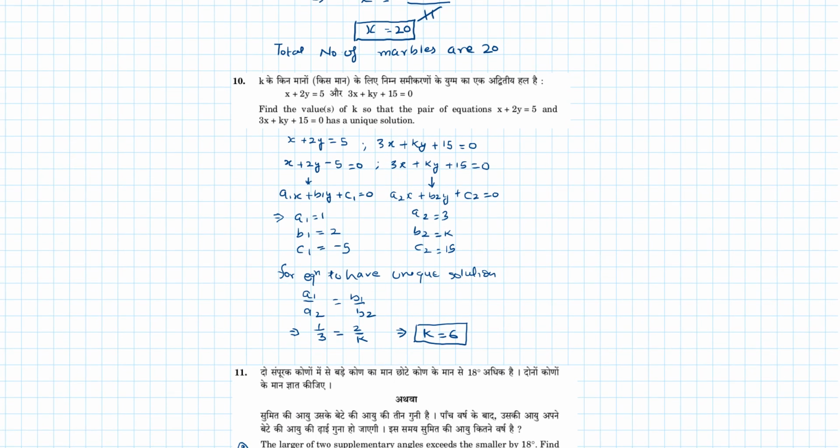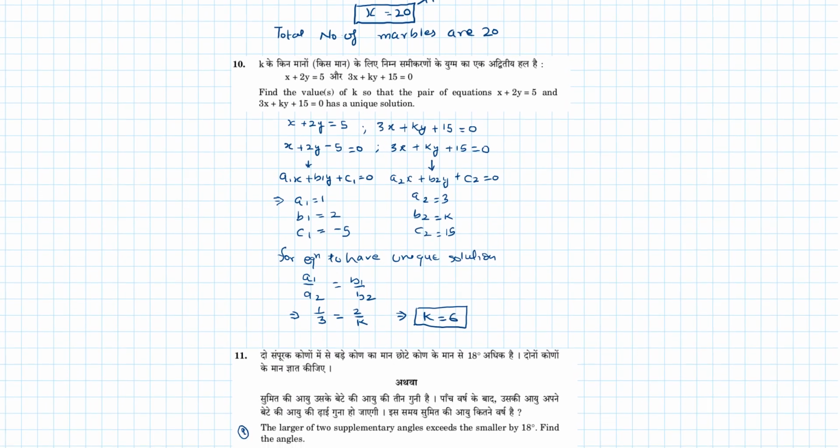Let us come to question number 10. Question 10 is: find the value of k so that the pair of equations x plus 2y minus 5 is equal to 0 and 3x plus ky plus 15 is equal to 0 has a unique solution.